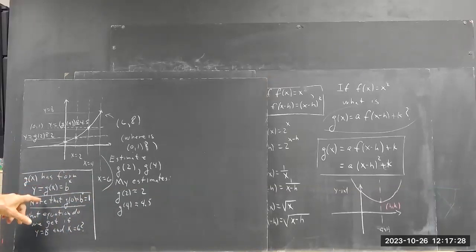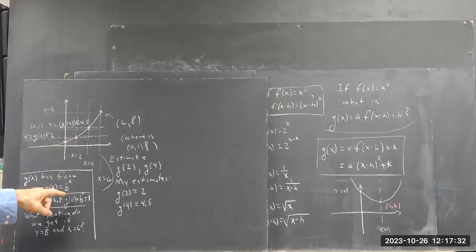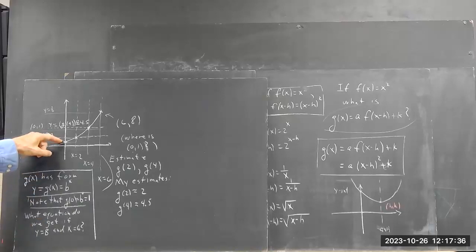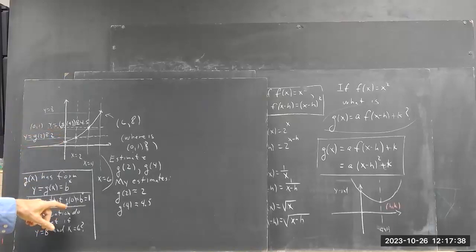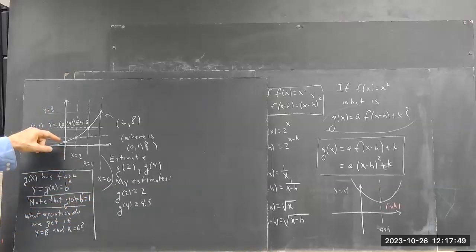Now, G of x, I'm saying, is an exponential function. It's got to have the form b to the x, provided it goes through the point (0, 1), because if x is 0, you're going to get b to the 0, which is 1. So b to the 0 always equals 1, and the graph does go through the y-axis at y equals 1.